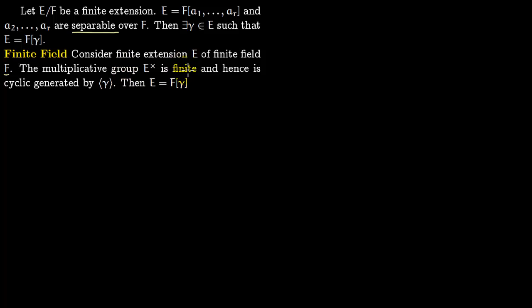This multiplicative group is finite precisely because E itself is finite, and therefore it is cyclic and generated by a single element gamma. Since this multiplicative group is generated by a single element gamma, and 0 is obviously there in F, you can obtain E by adjoining gamma to F.